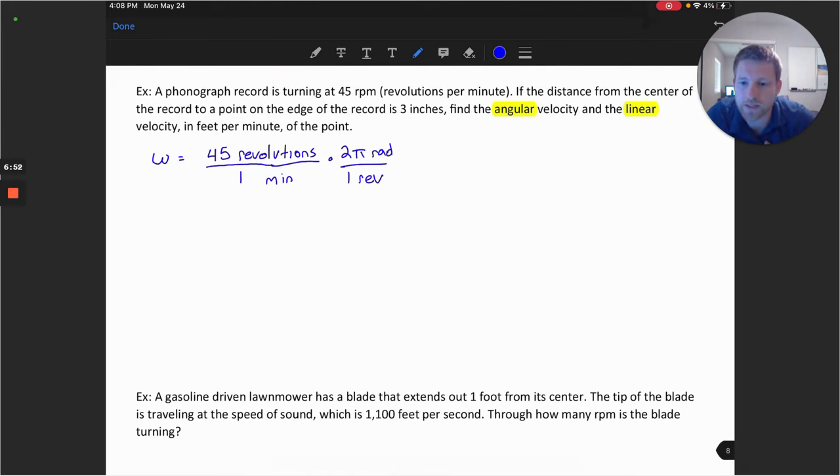This will get us radians per minute, which will be our angular velocity units. So we cancel our revolutions, multiply by 2 pi, and we get 90 pi radians per minute. That would be our omega.